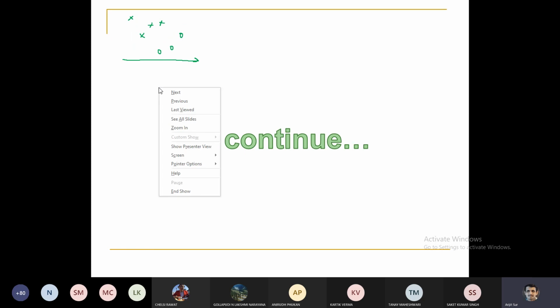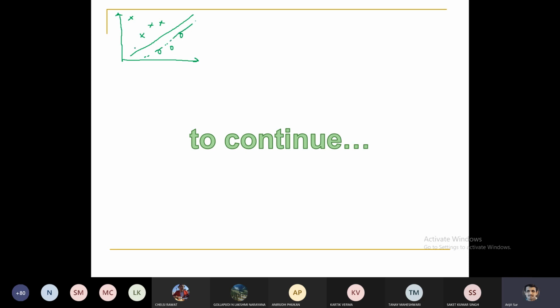So which decision boundary do we get? Based on this point, we can find a guideline.